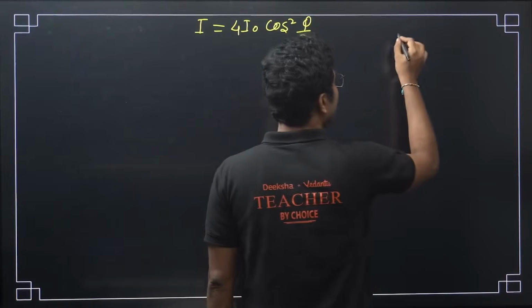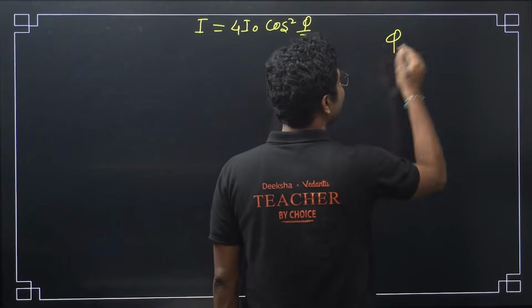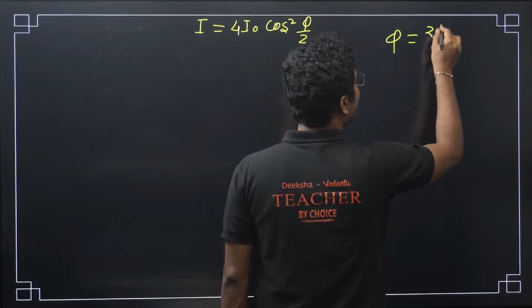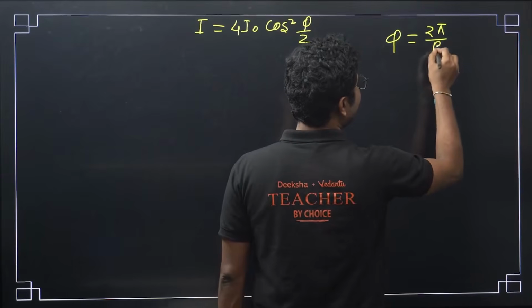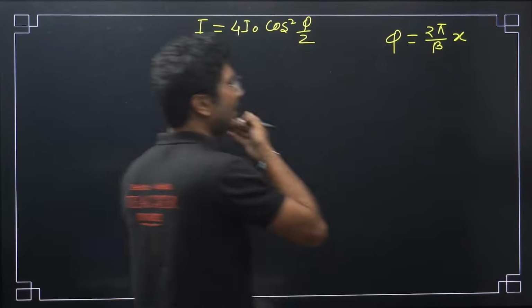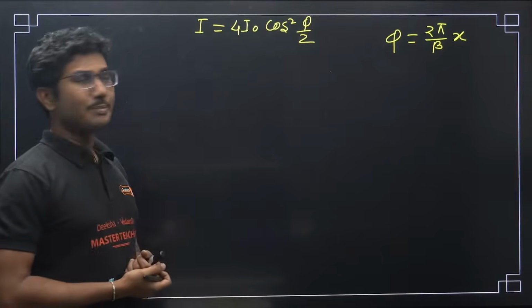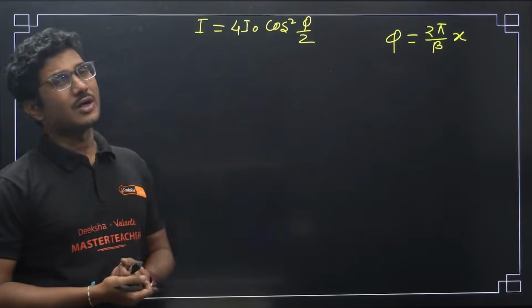What formula am I talking about? Phi is given by 2 pi by beta into x. This formula you have to remember.